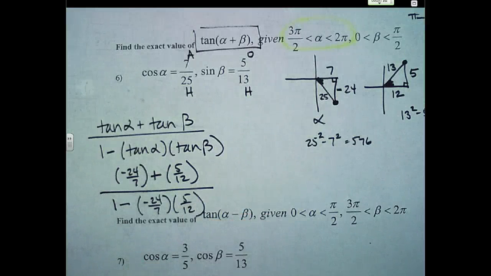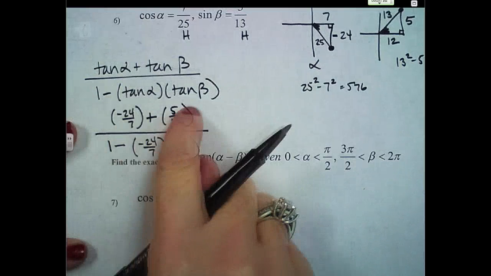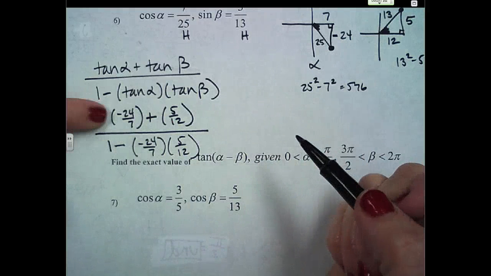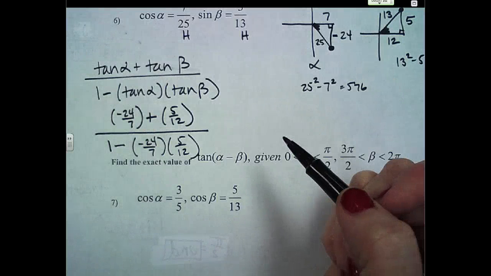Okay, in your calculator, you are going to have to find the answer to the top and the answer to the bottom, and then divide them. So in your calculator, find this value right here first. So do negative 24 over 7 plus 5/12. Be sure to open and close your parentheses.